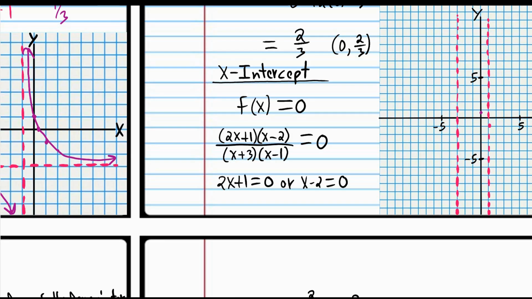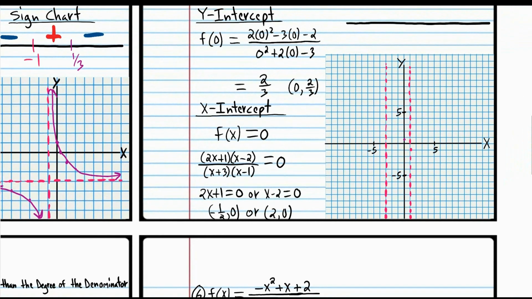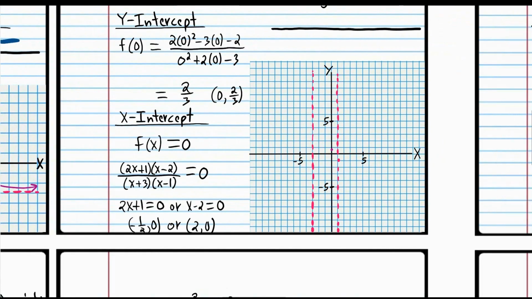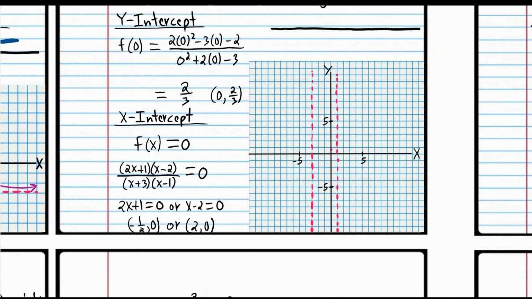And when you solve, we get (-1/2, 0) for one x-intercept, and (2, 0) for the other x-intercept. I just solved in my head, because we didn't have enough room there. So we have that point there, and that point.